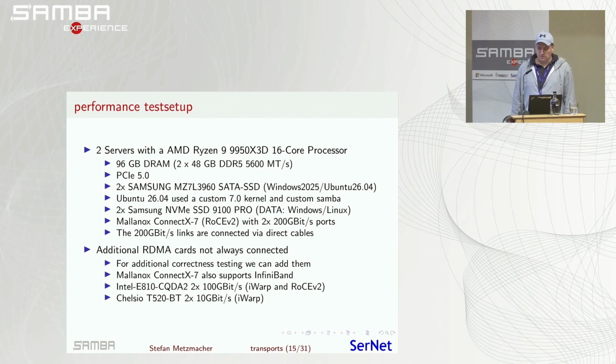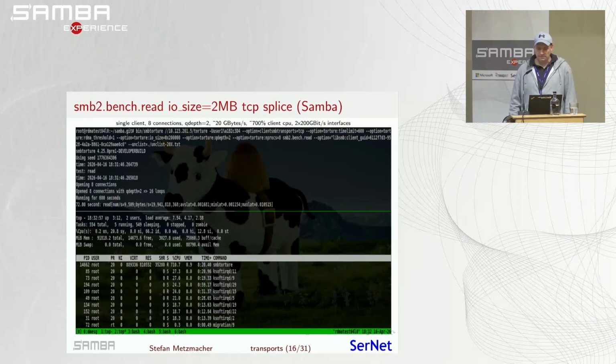And for functional testing, we also have Intel RDMA cards and Chelsio cards, which will also be added to the box when we don't do performance testing, because otherwise the Mellanox card would only get half of the PCI bandwidth and so on. So for performance, I just have the Mellanox cards in there.